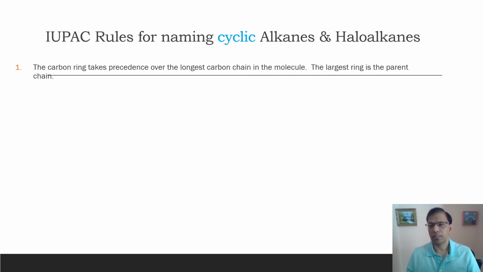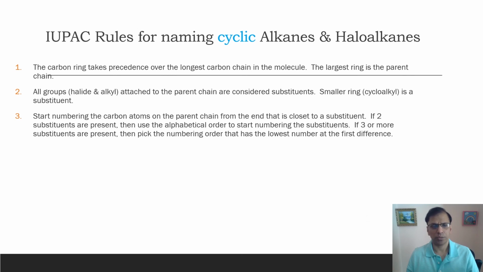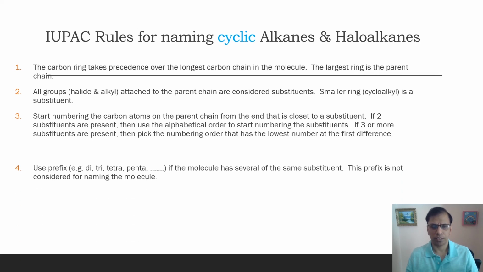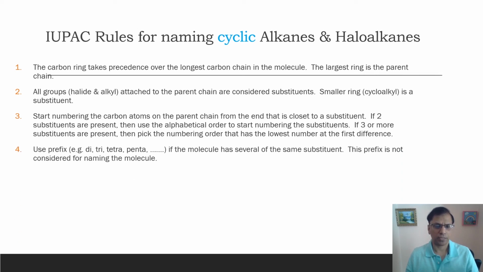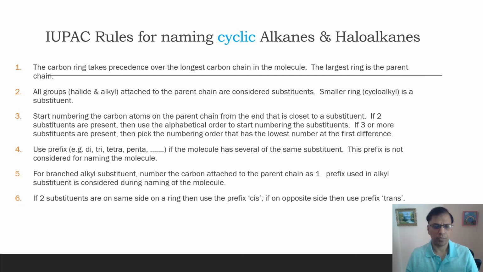So the largest ring is considered to be the parent chain, and if there is a smaller ring, then it's considered as a substituent. Any alkyl or halide attached to the parent chain are considered substituents. This rule is the same as previously regarding the substituents and how to number them. The prefix rules are the same. Branch substituent naming is the same, and this is something new.